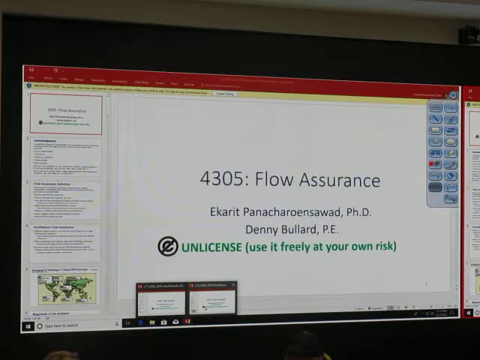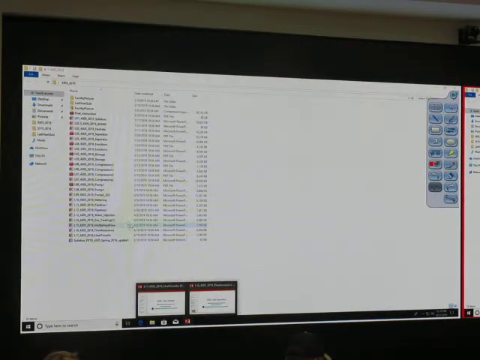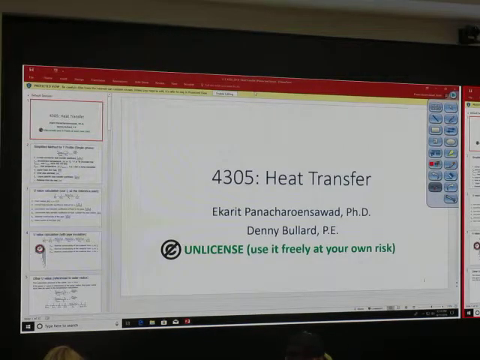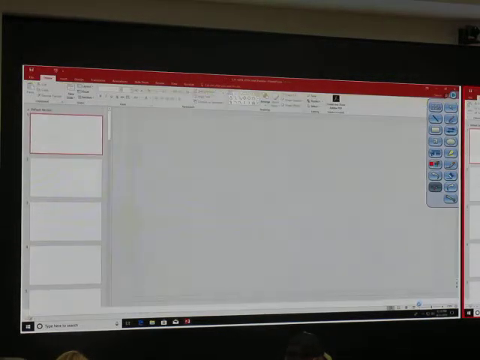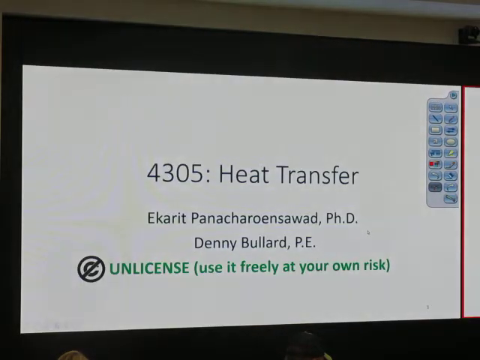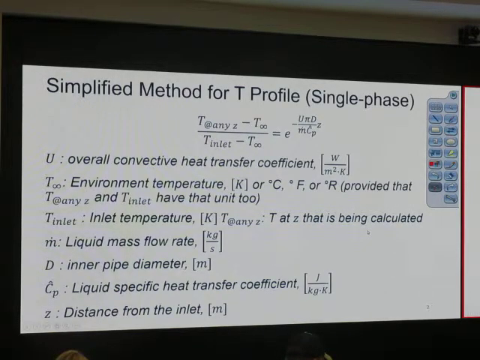homework, which is heat transfer. Okay, heat transfer. In this heat transfer, we have one important equation that I want you to write down, which is that equation. It is an equation to predict the temperature at any location.